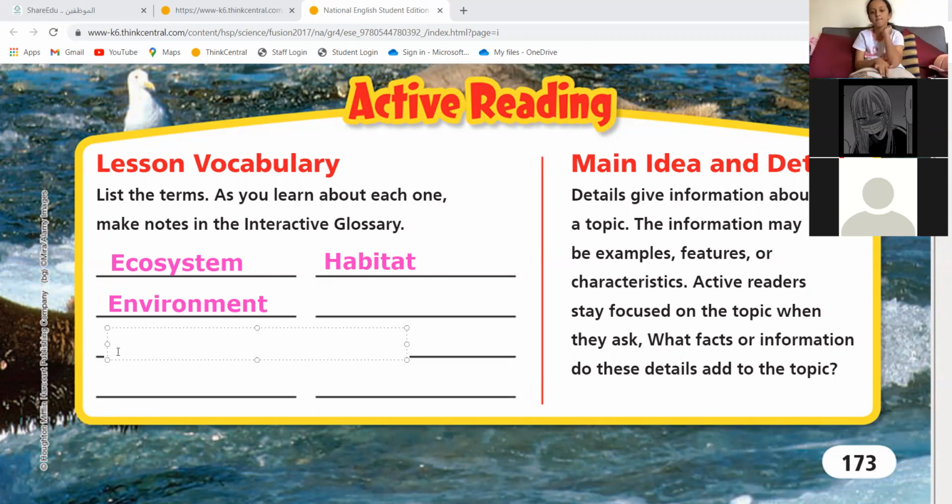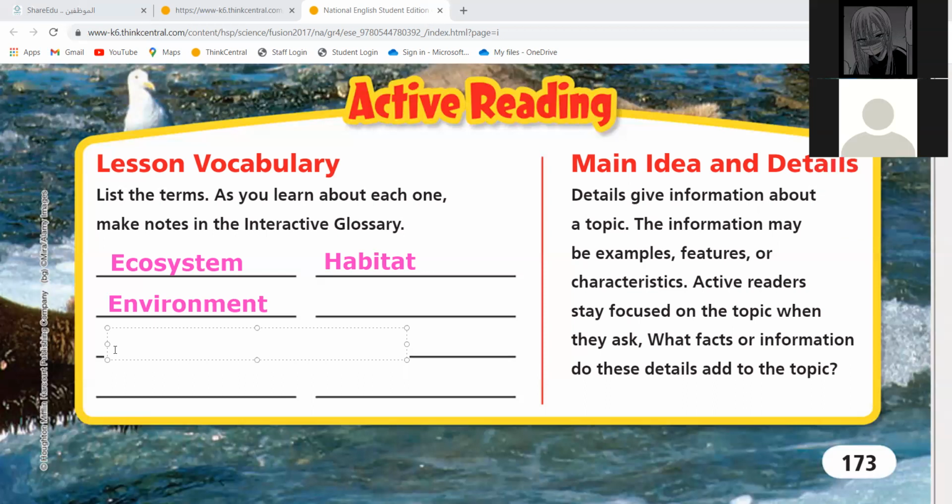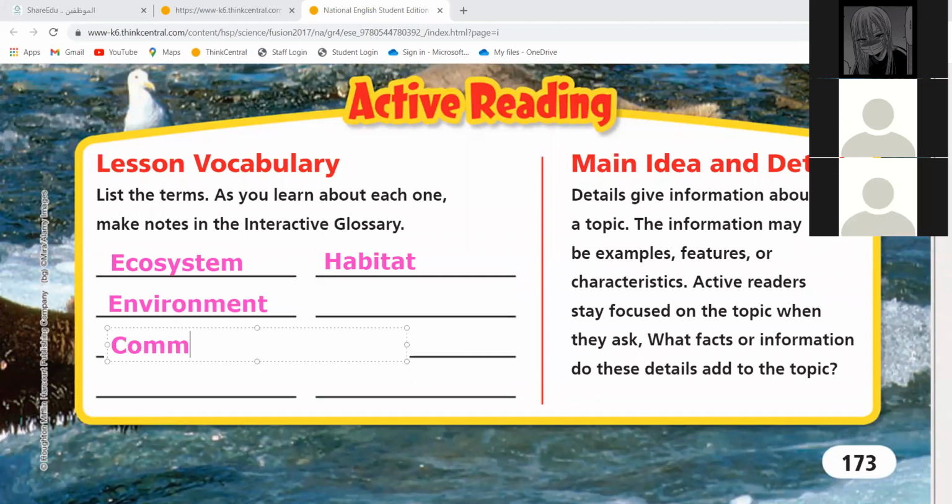Ecosystem. Habitat. No. Community. Yes, community. What's a community?